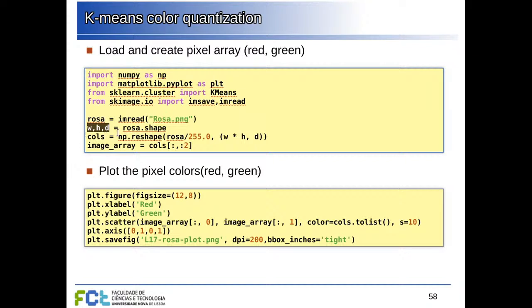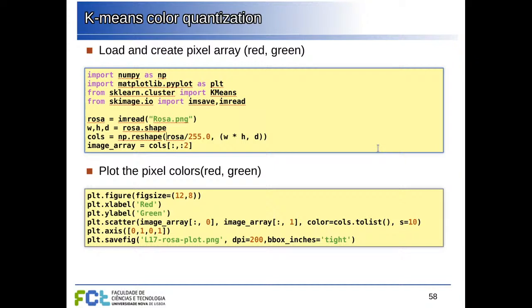We can reshape this. We're going to divide this by 255. So we're going to convert this into floating point numbers between 0 and 1. This is because each color channel in this PNG file is 1 byte.